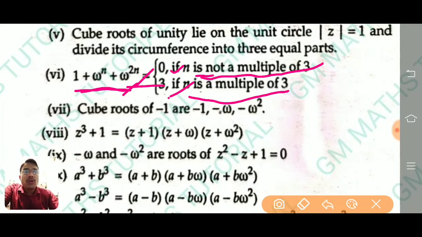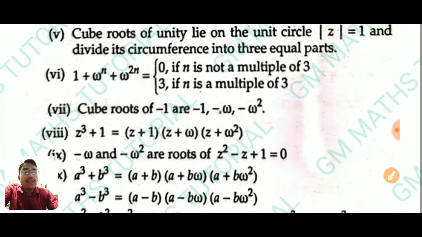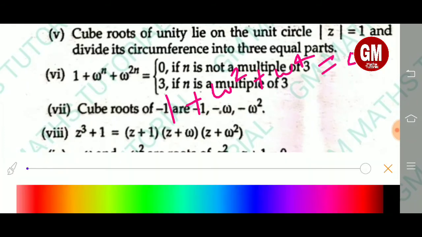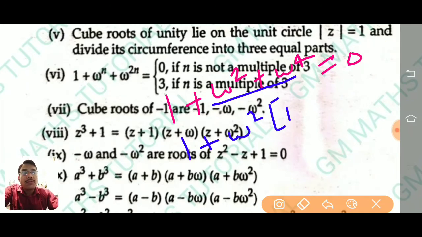If we take n not a multiple of 3, suppose n is 2, then the expression converts to 1 plus omega square plus omega power 4 is equal to 0. Taking omega square common, we get 1 plus omega is equal to 0.